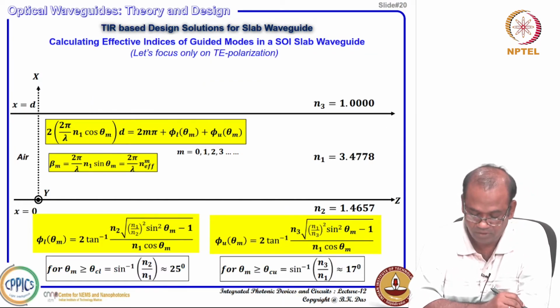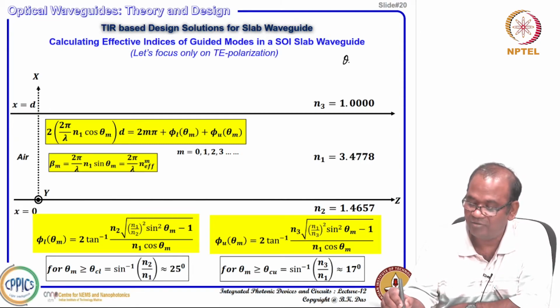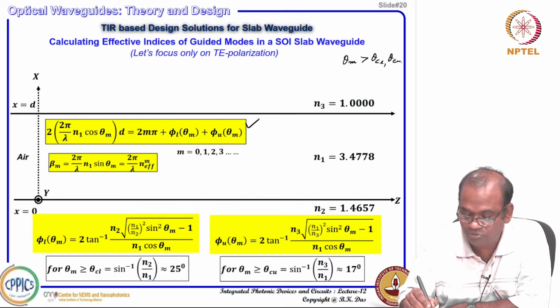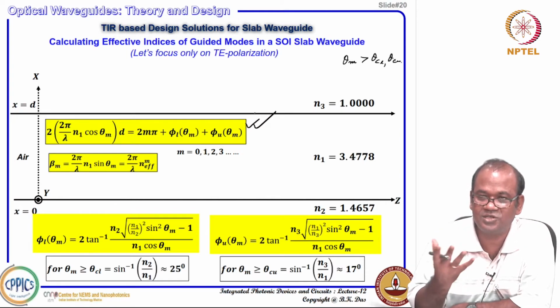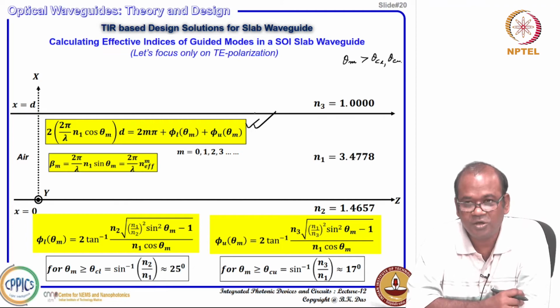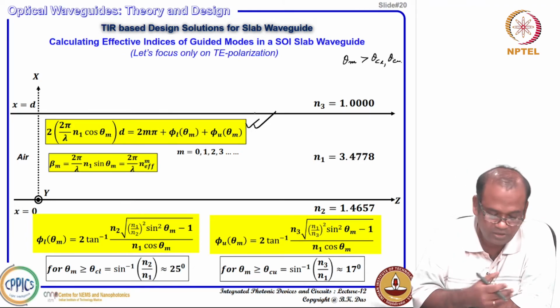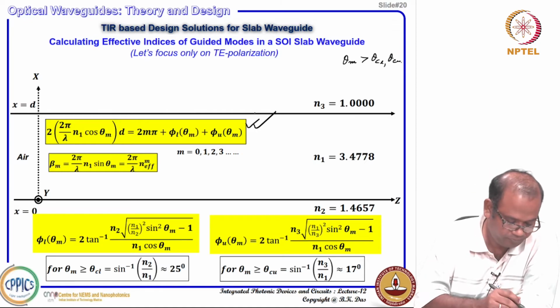Now, my intention is how to find the theta m solutions which satisfy at least that it should be greater than theta CL, and obviously theta CU. How to solve? So far we have not discussed how to solve this one. I said that this is a transcendental equation, and it is not so easy to solve. I will try to show how we could solve it in a graphical way.